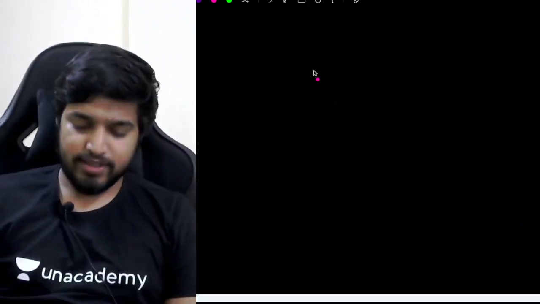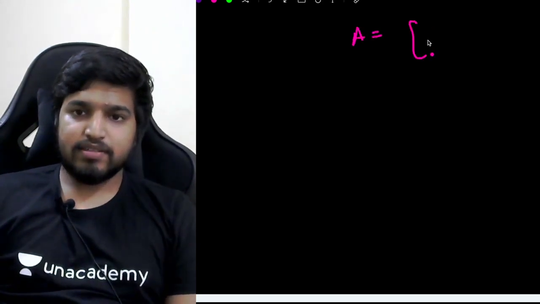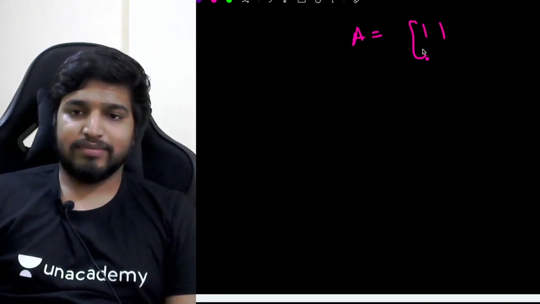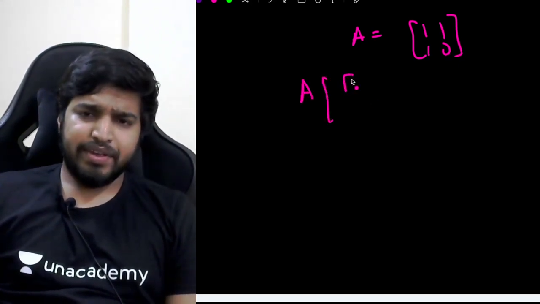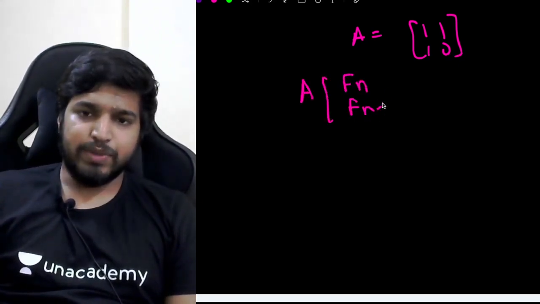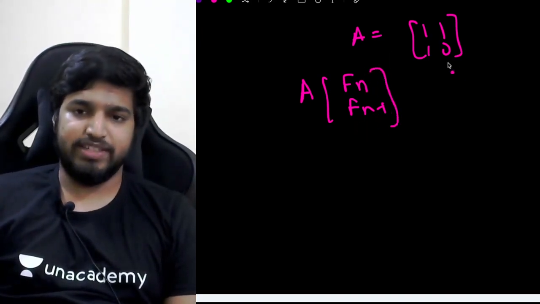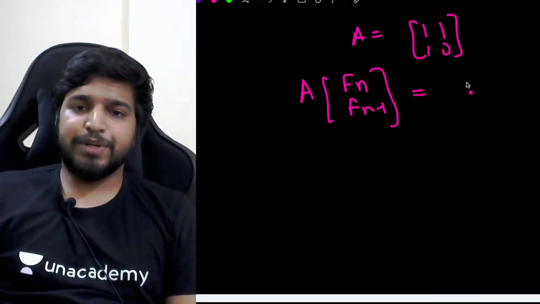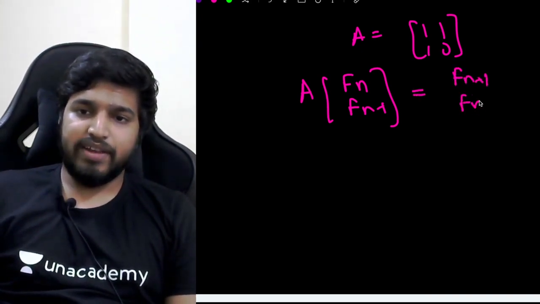So, let's just define a few things here. A equals 1 1 1 0. A into Fn minus 1, Fn, just to revise, this is the nth Fibonacci number and the n minus 1 Fibonacci number, is equal to Fn plus 1, Fn.